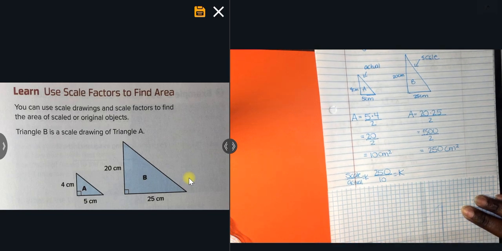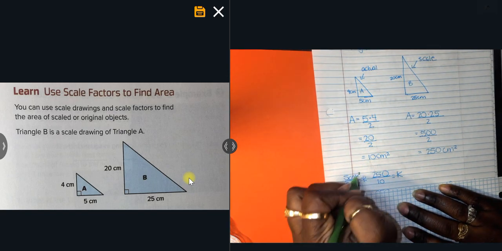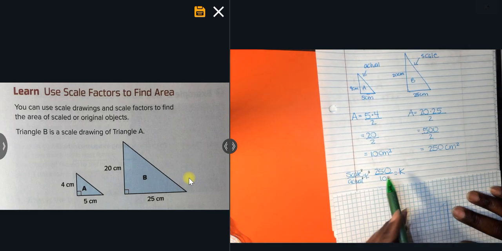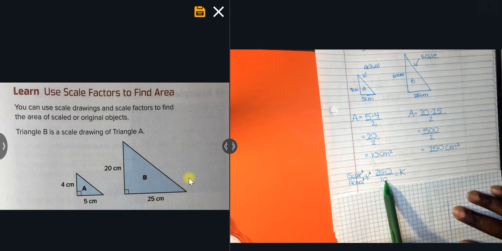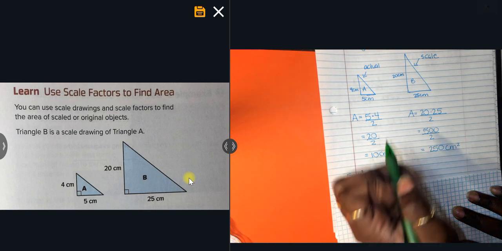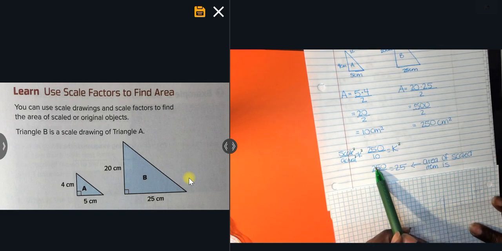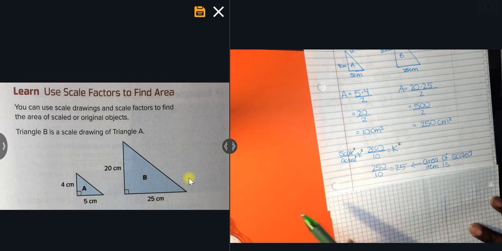I didn't put my square here, so I have the squared units. I have 250, which was from our scale, and I'm dividing that by the actual amount, which was 10. That gave me K squared. In this case, it was 250 over 10, which is equal to 25. So that is the value of K squared.